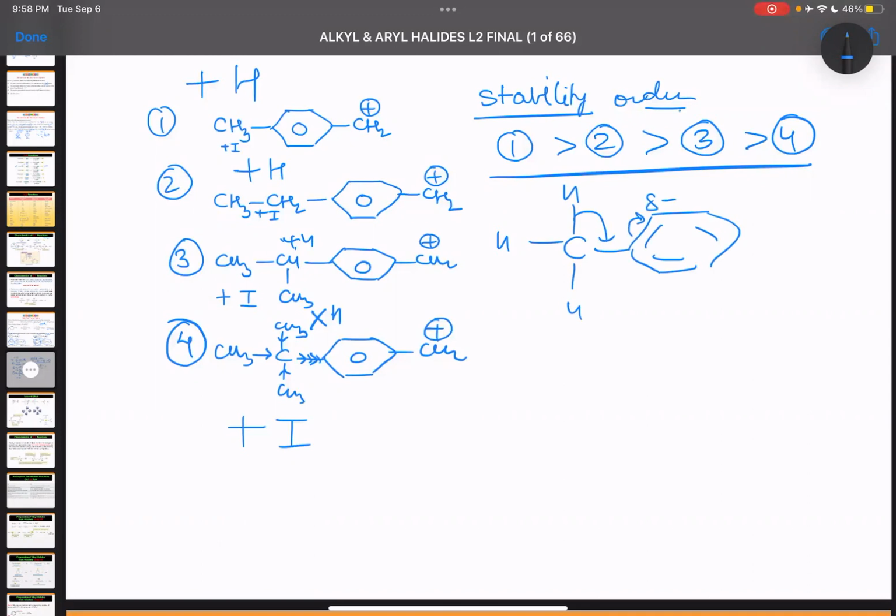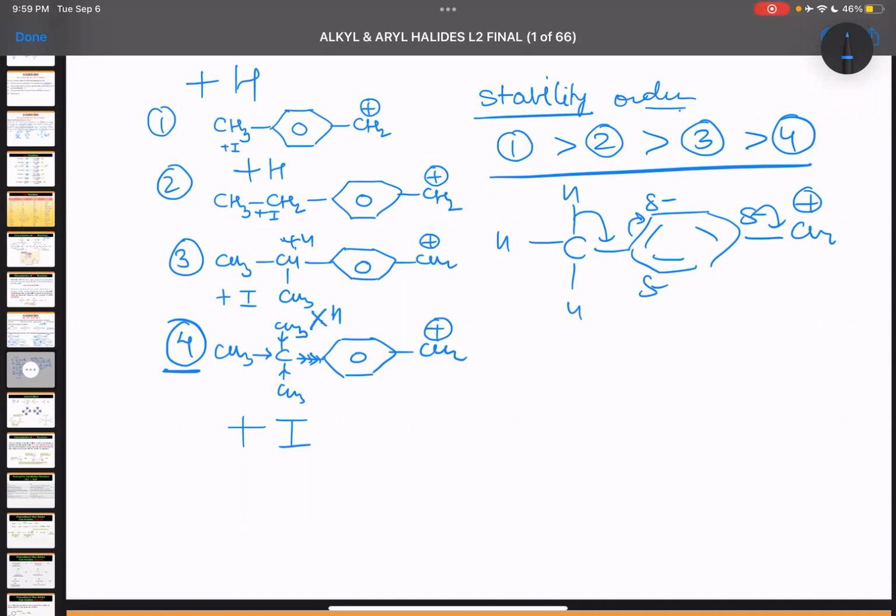So they will come here, and when they come here, they will go to the cation. So the cation will become very stable. Earlier people were not aware of the hyperconjugation effect. So they used to think that the fourth is the most stable one because that is the most branched one, and that is the one which is having the maximum electron density.